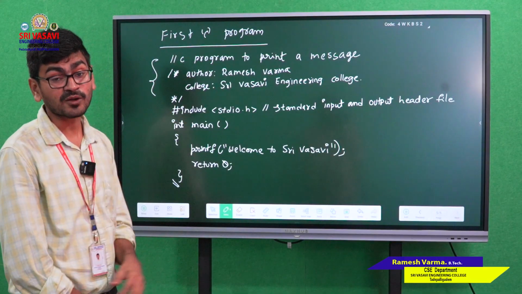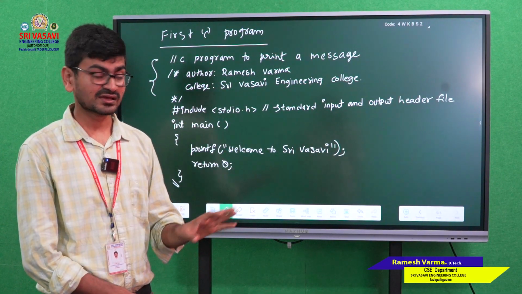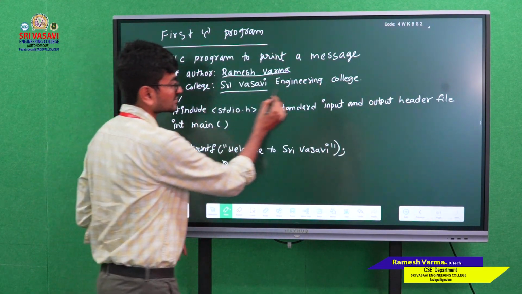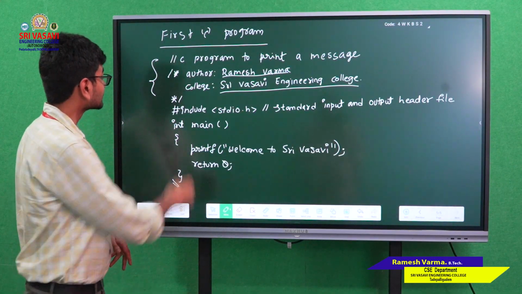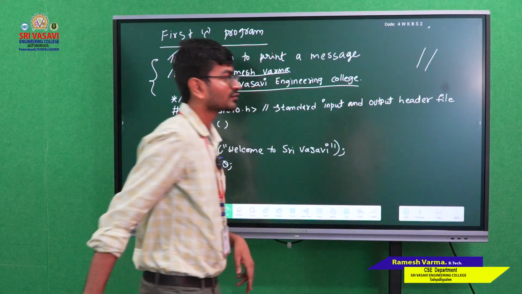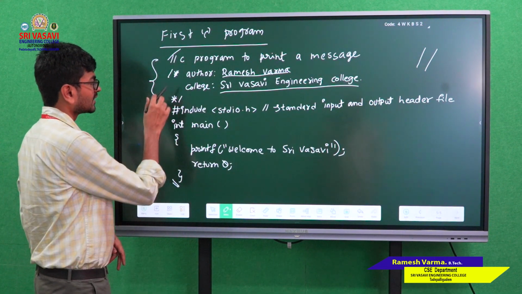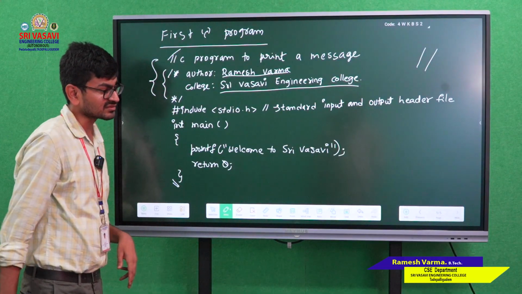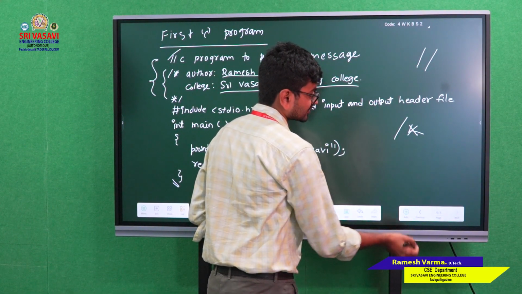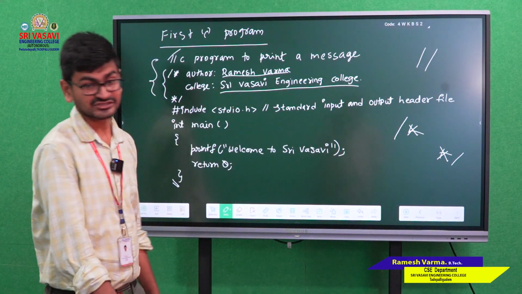With the help of comments, we can tell them this program's aim, and that this program is developed by one person, and the college is Srivasvi Engineering College. So this is a single line comment. Single line comments are usually denoted with two forward slashes, and these are called multi-line comments. Multi-line comments are enclosed in one forward slash and star, and end with one star and forward slash.